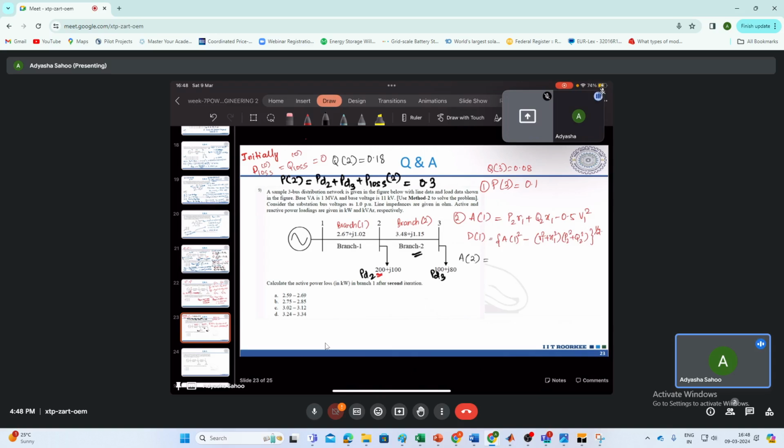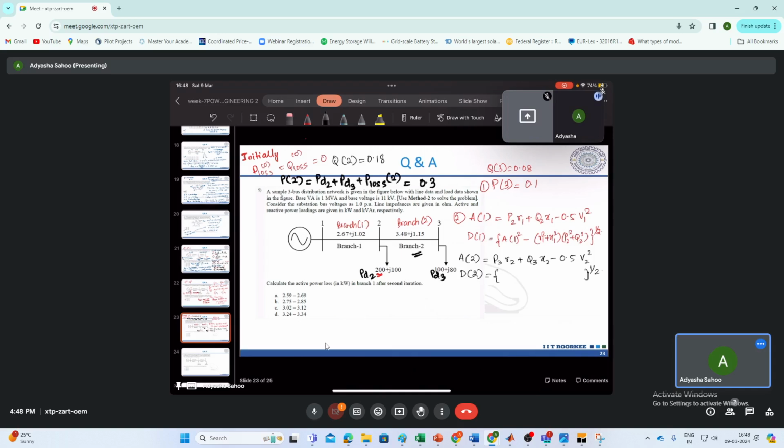Similarly, A2 you can calculate as P3R2 plus Q3X2 minus 0.5 V2 square. D2 you can write here half.